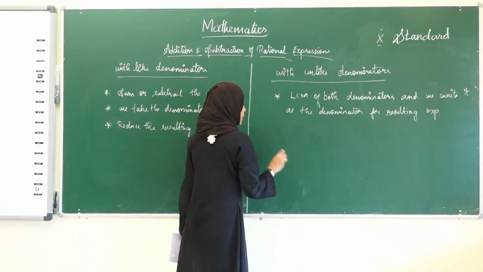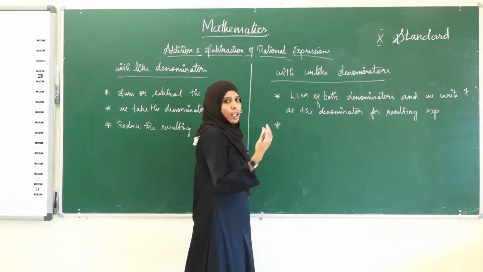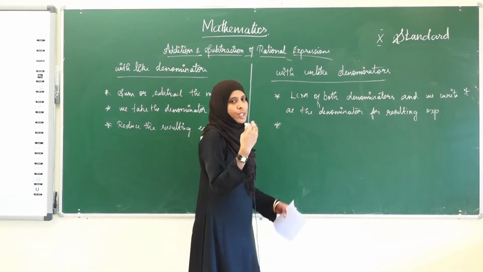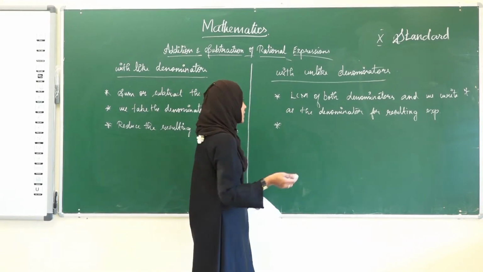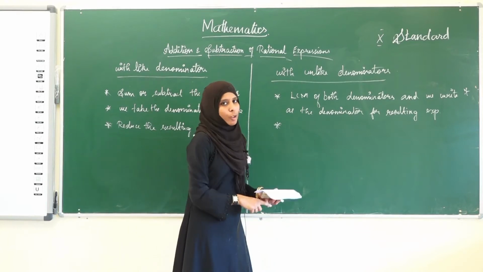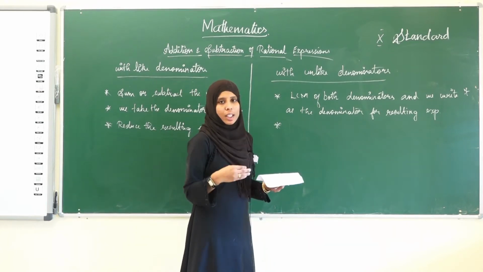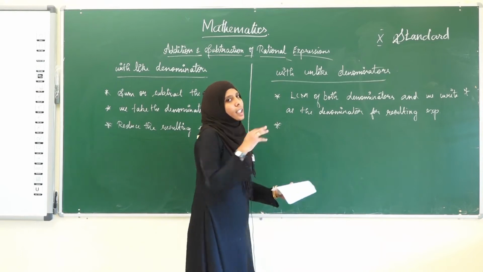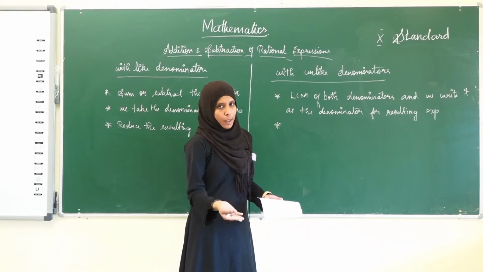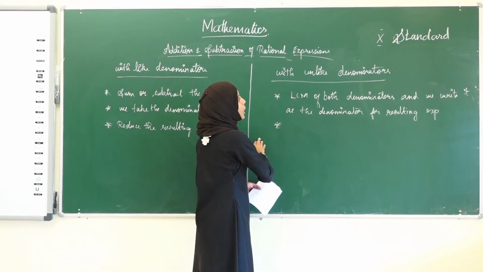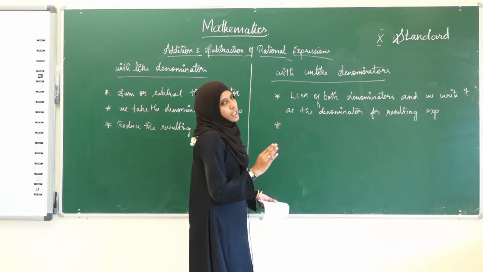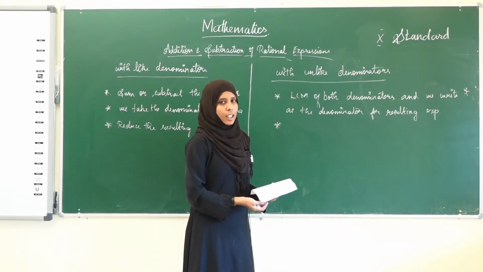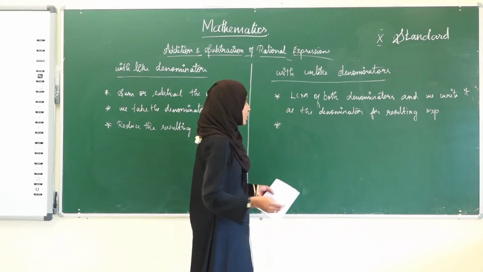Then we convert the numerators. In the third step we add or subtract whatever they have given in the question, and we get the resulting rational expression, which we have to reduce to its lowest form.